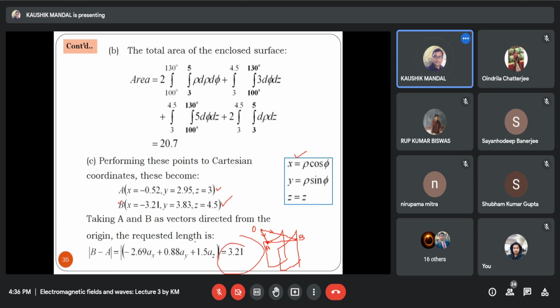Then by just considering vector addition, you will find the difference between these two vectors: OA plus B minus A, direction that. That will be B minus A. Is there any doubt? No, sir.